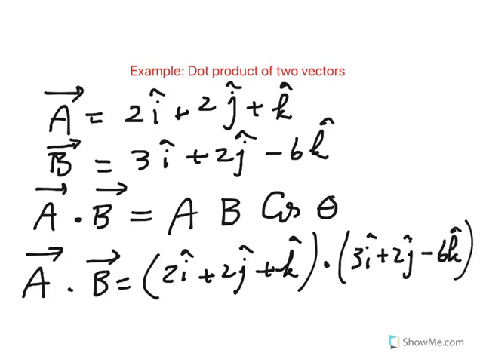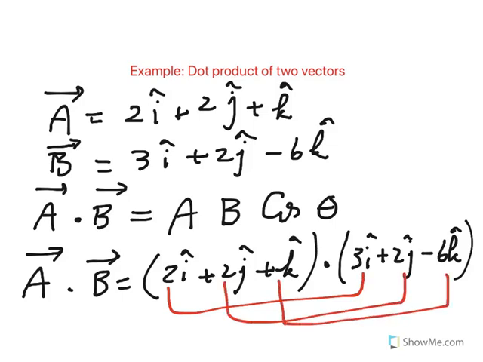So you guys remember in the other lesson that when we do dot product, the outcome of i dot i is 1, or j dot j is 1, or k dot k is 1, and then i dot j is 0, or j dot k is 0. So basically all you have to do is multiply 2 by 3, 2 by 2, and 1 by negative 6, and that would be the outcome of the dot product.